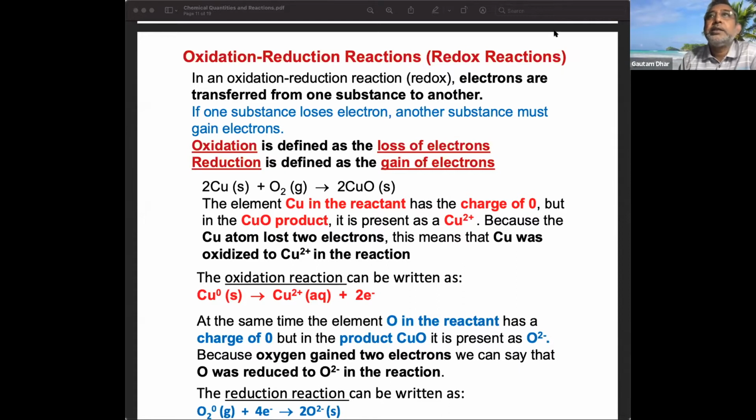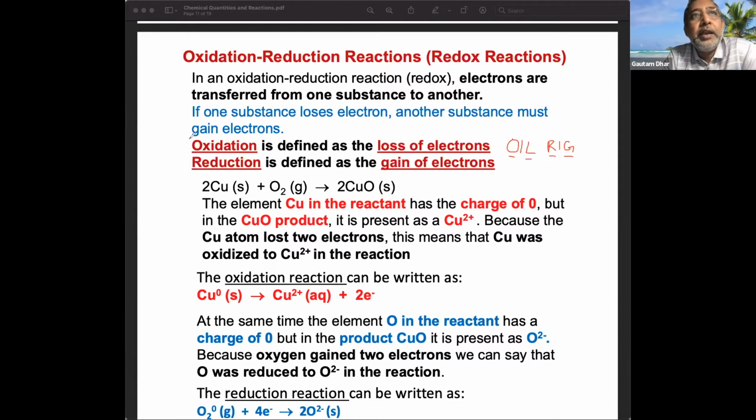One easy way of remembering it is you use the acronym. We say OIL RIG. If you look at O, that's oxidation for loss of electron, and reduction for gain of electron. So we are just taking the first letter.